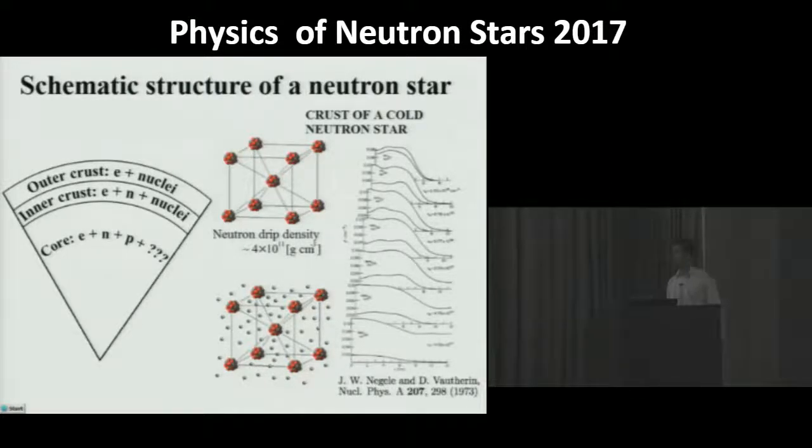This was already obtained in 1973. Here is a figure from this classical paper by Negele and Vautherin, where we can see a unit cell of a crystal, and the proton density and neutron density.